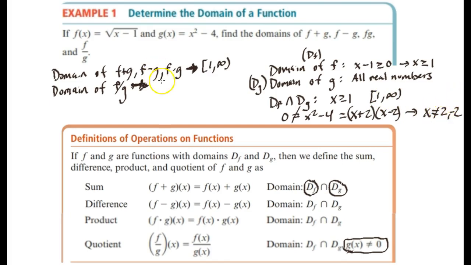So the domain of f divided by g would be from 1, not up to infinity, but up to 2, and then we have to jump over that, and jump back on at the other side of 2, and then go up to infinity. So we're just taking 2 out of this interval. This is our domain, but we have to consider this and take out any values that will give us this, and that's what we've done.